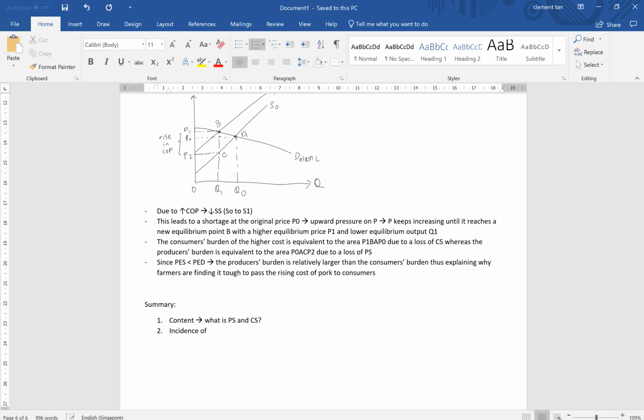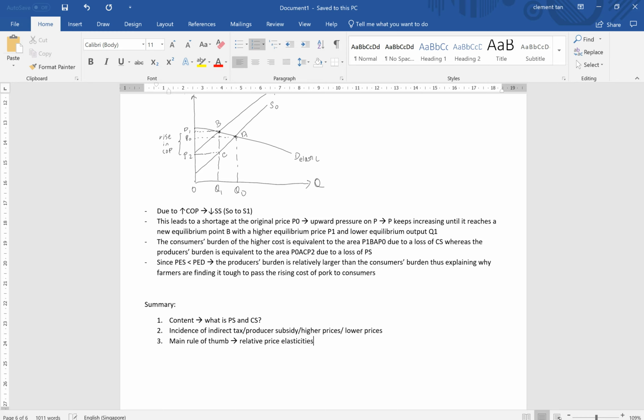I talked about indirect tax, producer subsidy and higher prices, or lower prices, who will enjoy. Explain why farmers enjoy a bigger share of the decrease in cost. The main rule of thumb is always relative price elasticity.